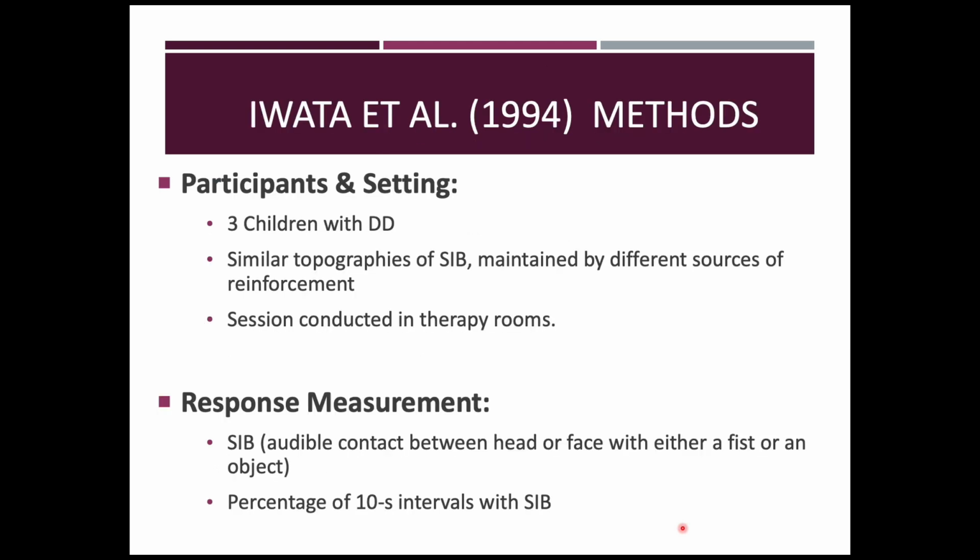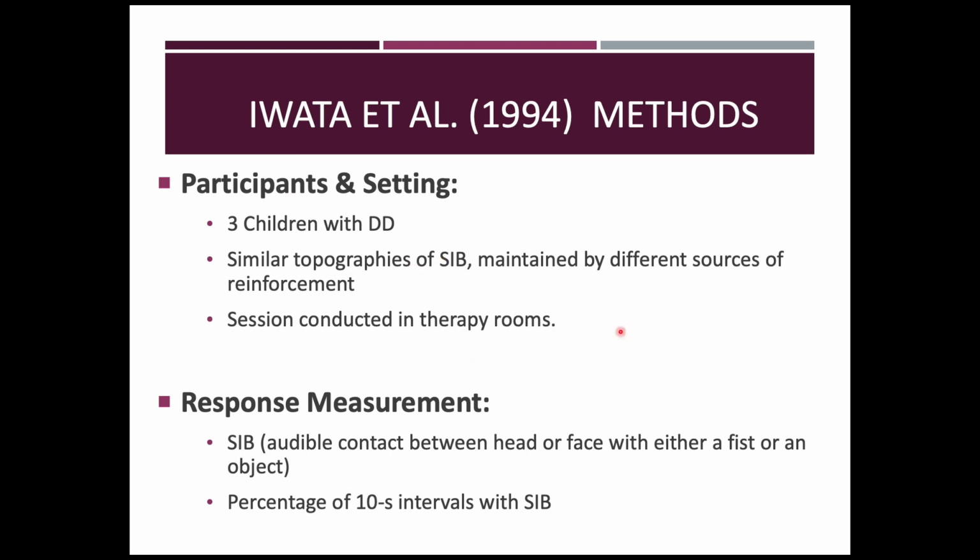Okay, so that brings us to the Iwata article. I'm going to go through this quite quickly because I assign this primarily so you have an idea of these different extinction procedures, but it is an interesting article in terms of our understanding of extinction. There were 3 participants with developmental disabilities, all of whom had similar topographies of SIB, but they were selected because their SIB was maintained by different sources of reinforcement. Sessions were conducted in therapy rooms.